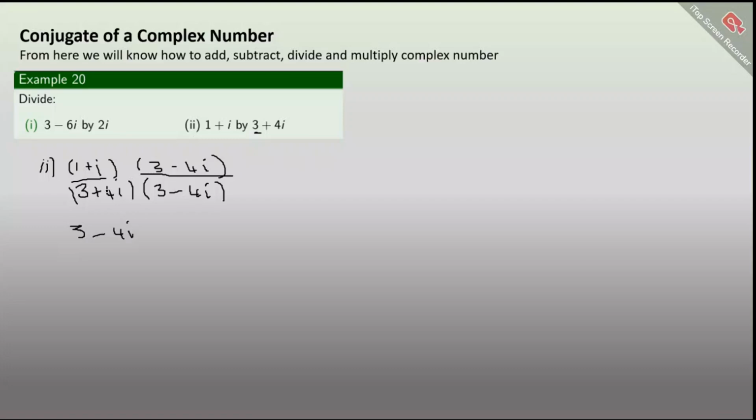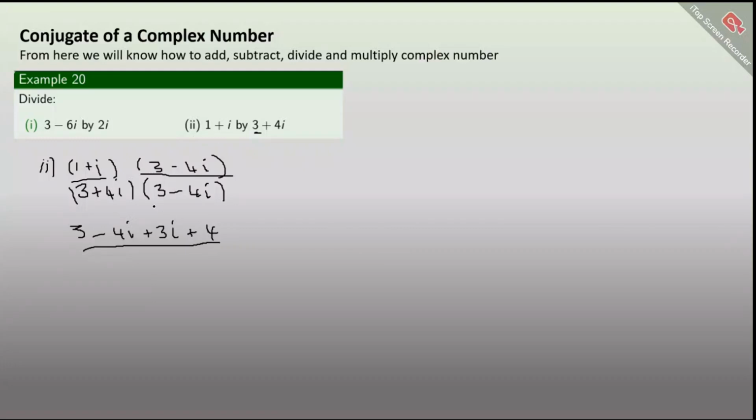Now, let's try i times 3, that's going to give us positive 3i. What about this one? Think about it. What are we going to get? i times negative 4i. Definitely we're going to get positive 4 times i times i. You should be used to this by now. Whenever you hear someone saying i times i, negative 1 should be coming to your mind.